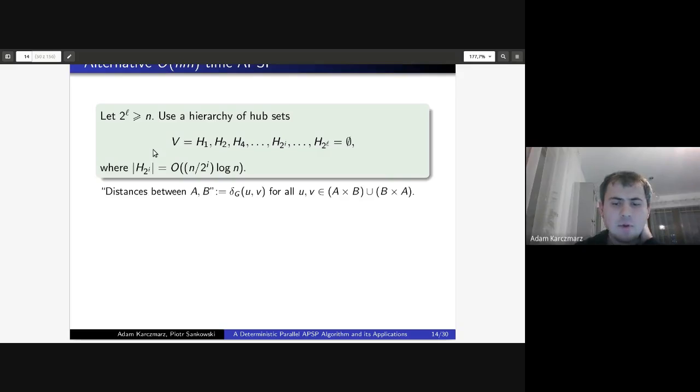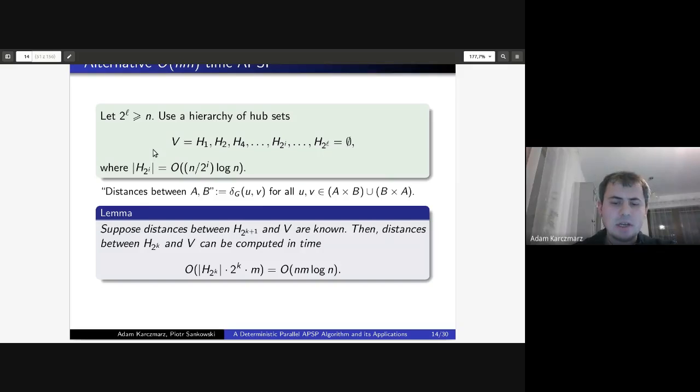And in the following, when saying distances between A and B, we actually mean distances between all pairs of vertices u, v, where u is in A and v is in B, or the other way around. So now the key lemma is as follows. Suppose the distances between the 2 to the k plus 1 hub set and V are already known.